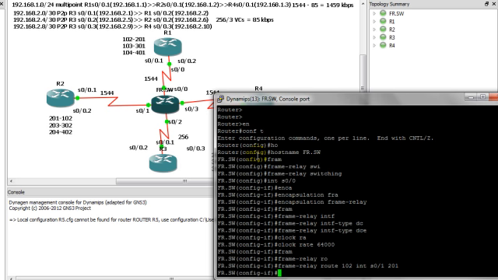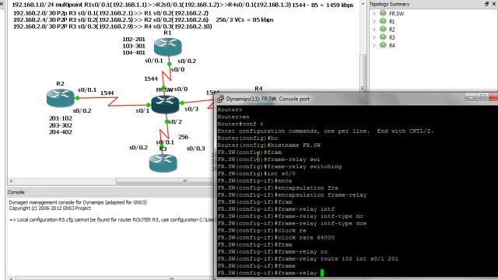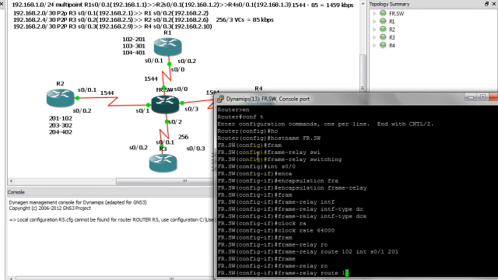The second one, it will be frame relay route to go from 103 to exit to the interface serial 0/2 with 301.